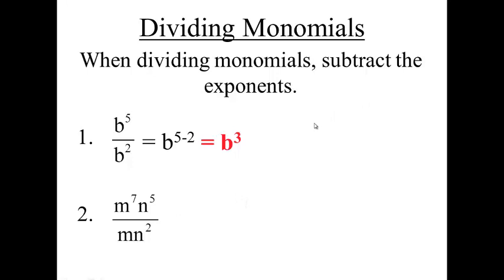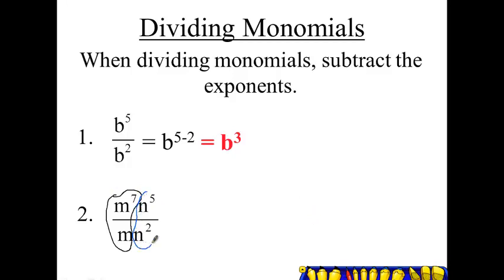Second example. So I'm going to apply the property here, m^7 divided by m, and then n^5 divided by n squared.